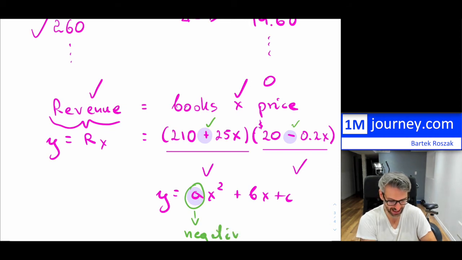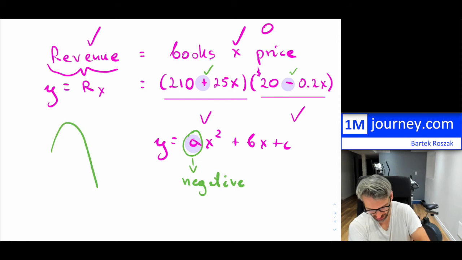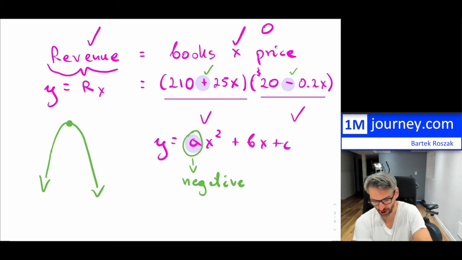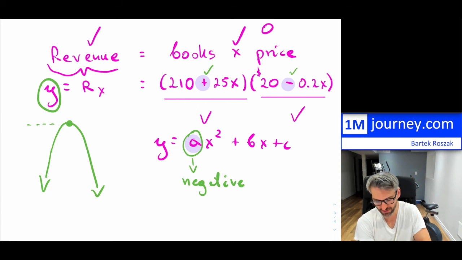And if it is negative, what does that tell us about this parabola? It's going to look like this, right? It's going to open downwards. And again, our Y right here, we want to know what the peak is. We want to know what the maximum revenue is. So this is telling us that as we keep giving more and more discounts, eventually our revenues are going to start going down.